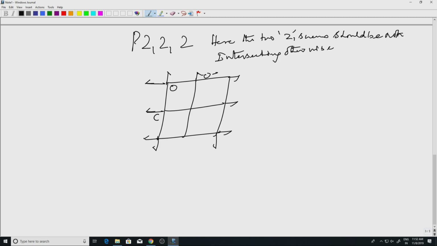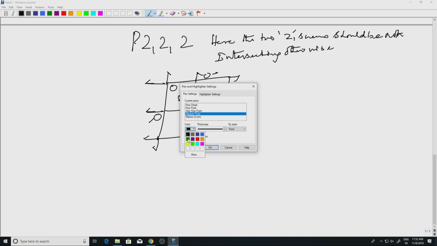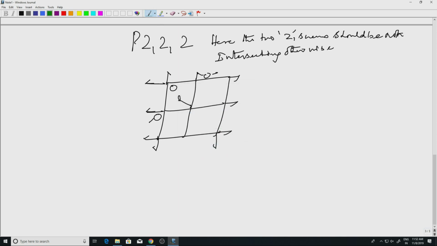When you rotate it here, it comes here. Now the two-fold is generated at this point. So this has to be shifted here, or this way. So now we will shift one by one.